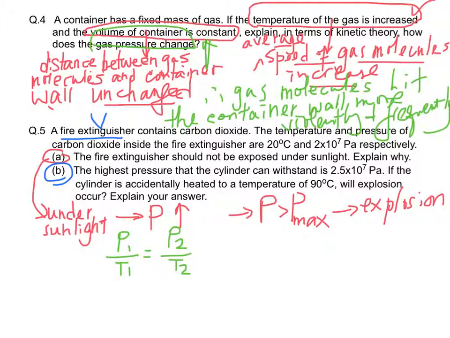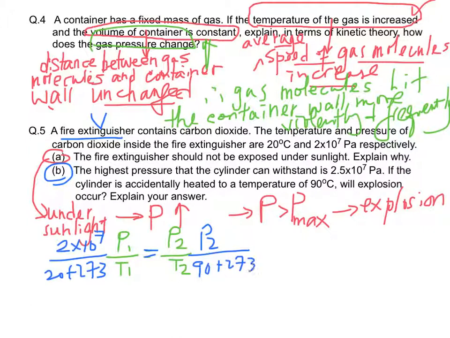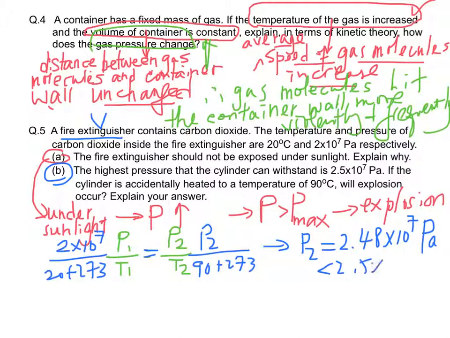We have 2 times 10 to the power 7 over (20 plus 273) equal to P2 over (90 plus 273), implying P2 equal to 2.48 times 10 to the power 7 Pa, which is smaller than 2.5 times 10 to the power 7 Pa. Therefore, it will not explode.